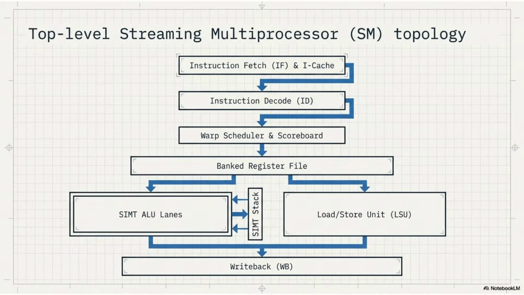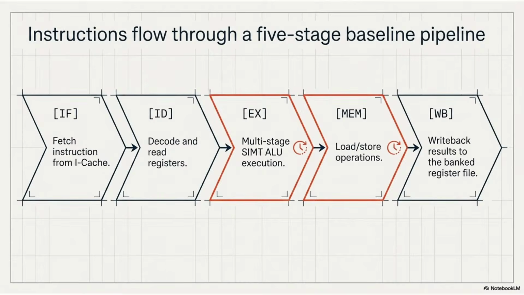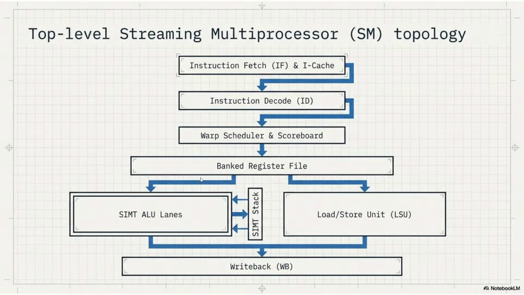So this is just the high level thing, not going into the details. In this, when you see these SIMT ALU lanes and the register files or the warp schedulers, these ALU lanes are like multiple threads, right?